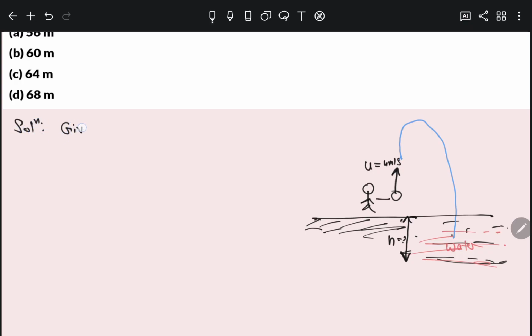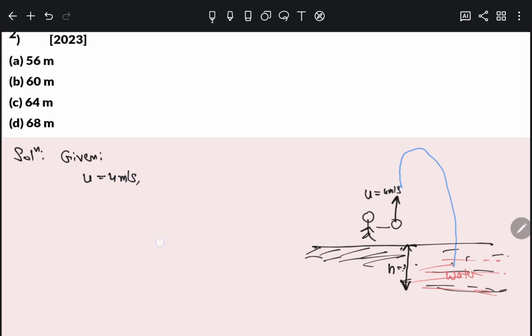Given in this question: initial velocity is 4 meter per second. We take the upward direction as positive and the downward direction as negative, so acceleration is minus g.